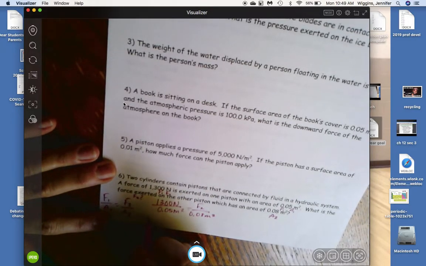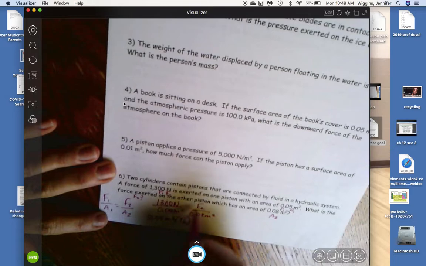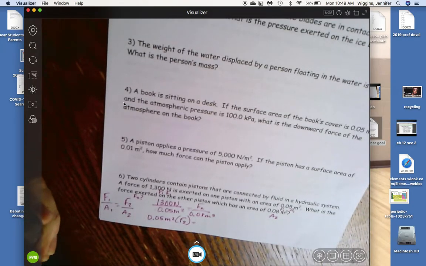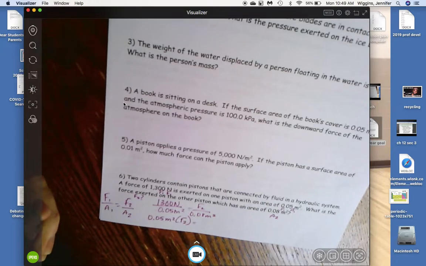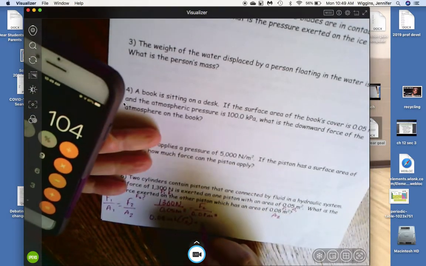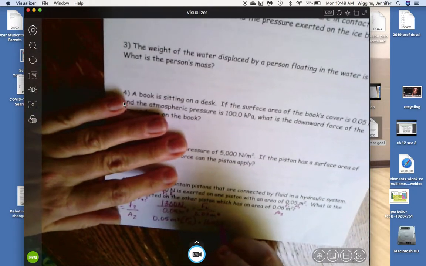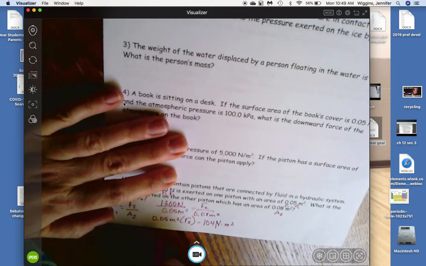So this one would be 0.05 meters squared times F2, equals, let me use my calculator, 1,300 times 0.08. That would be 104 newton meters squared.